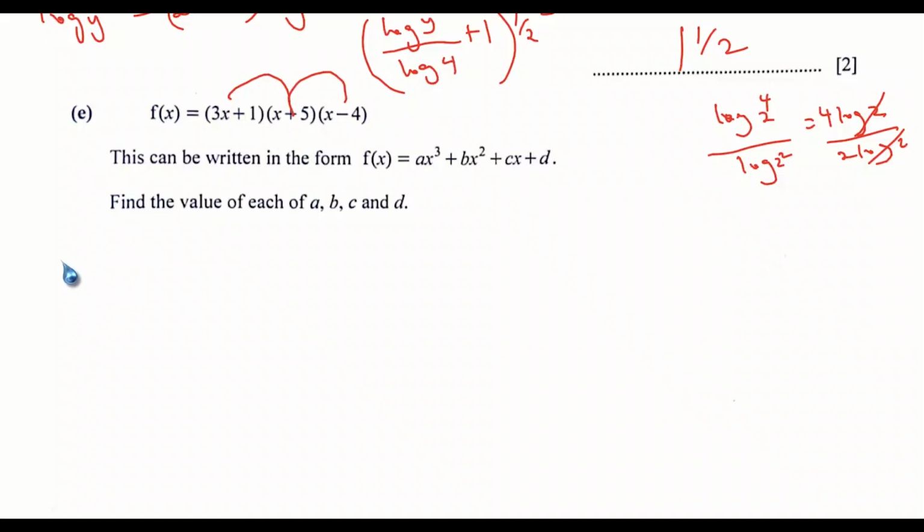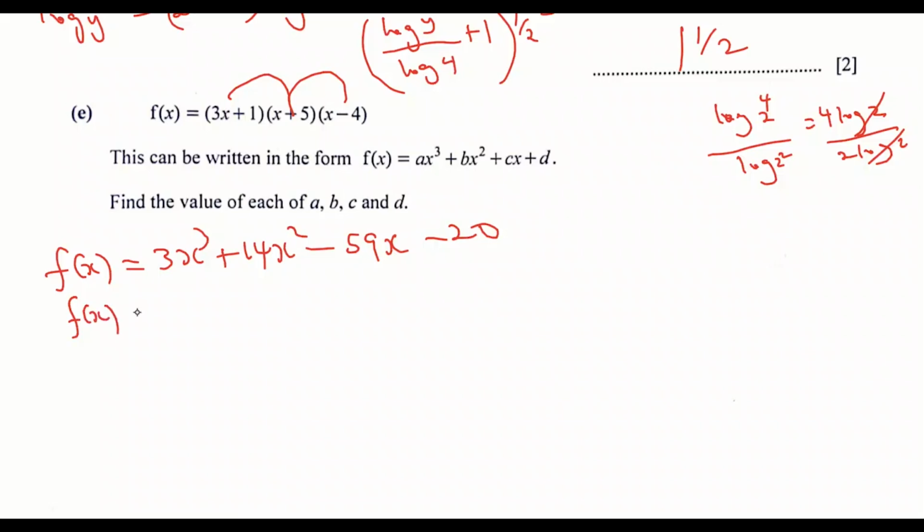So if you expand that, we're going to get f of x to be equal to 3x cubed, then plus 14x squared, then minus 59x, then minus 20.